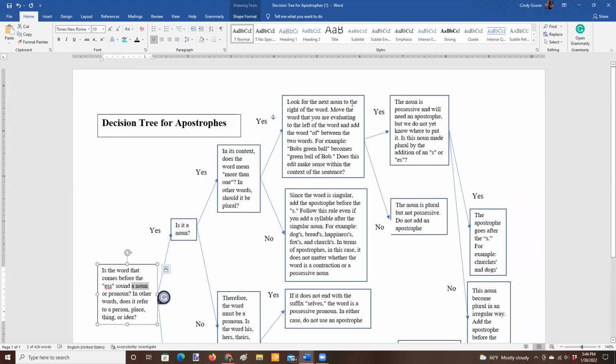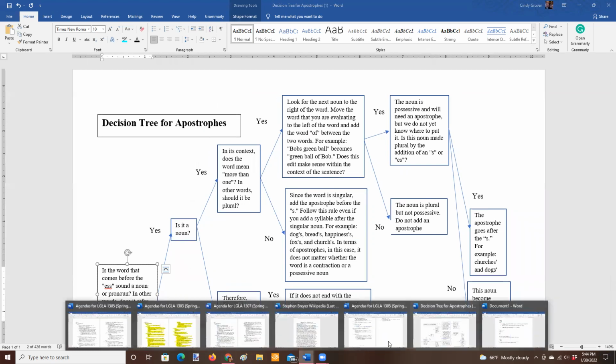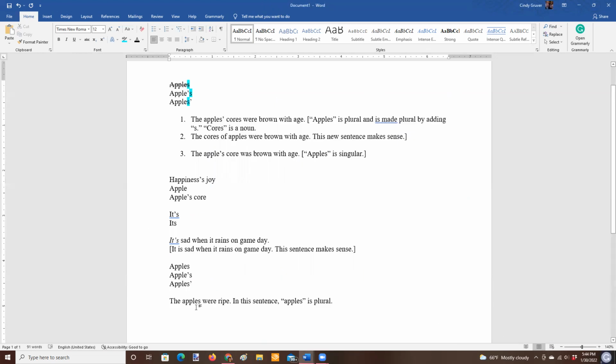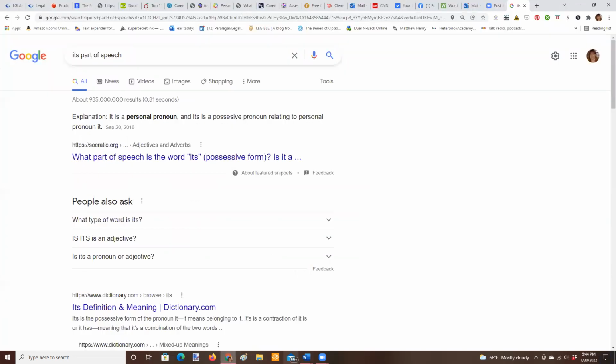So look for the next noun to the right of our word, in this case, apples. So let's go look and see. The apples were ripe. Well, we only have two choices here. Were is a verb and ripe is an adjective. There is no noun to the right.